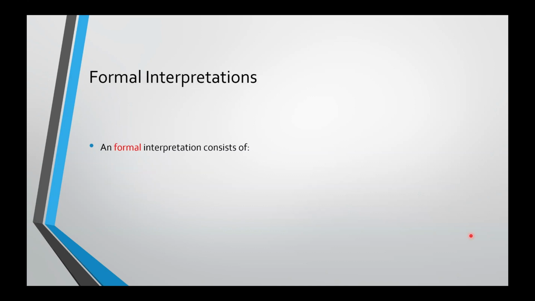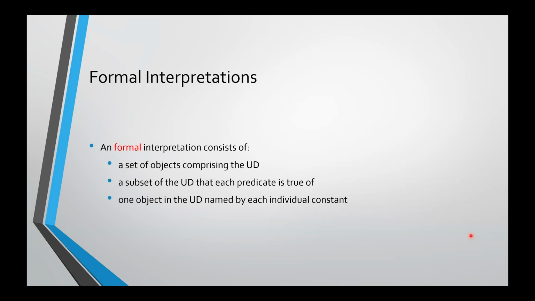Now, formal interpretation. The main difference between informal and formal interpretations is this: instead of giving a UD by description and giving the meanings of the predicates, what we do is specify sets of objects for these.